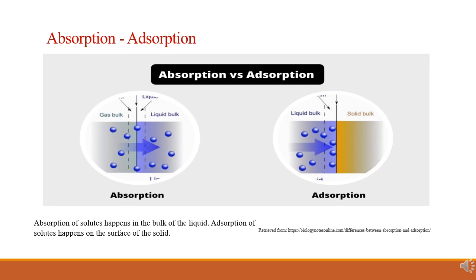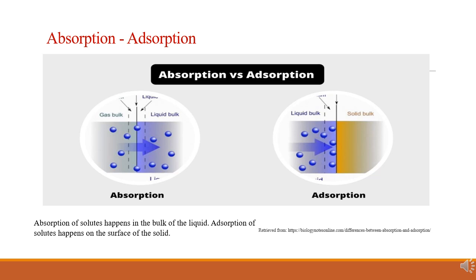And as for adsorption, on the other hand, it is a process in which molecules of a substance accumulate or adhere to the surface of a solid or a liquid. So key features of adsorption: surface interaction, no phase change.